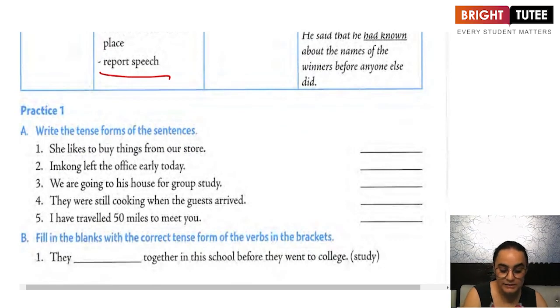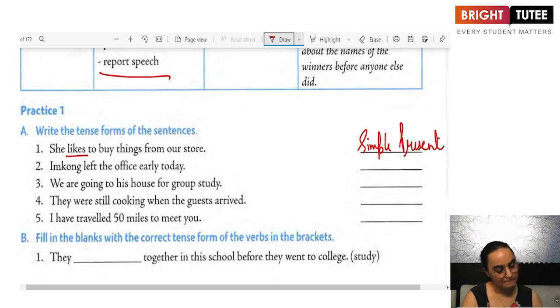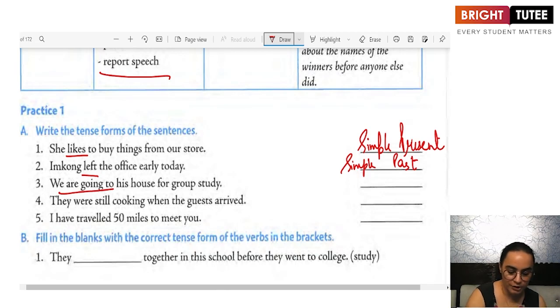Write the tense form of the sentences. So you are given 5 sentences and we have to identify the tense forms. She likes to buy things from the store. So this is simple present. Impong left the office early today. So this is simple past. We are going to his house.